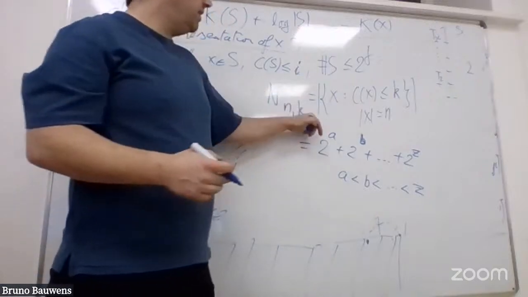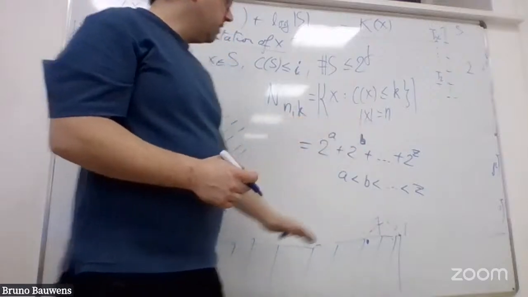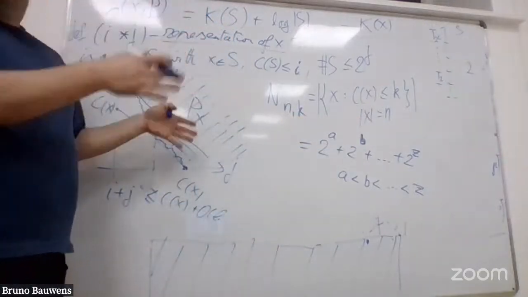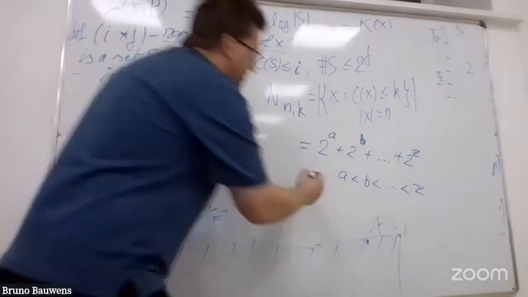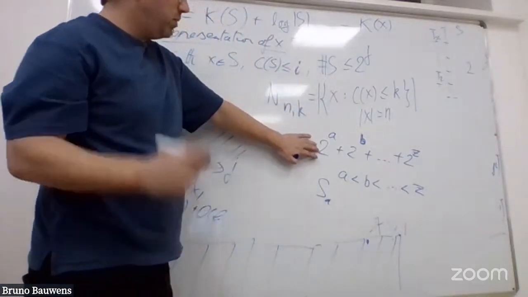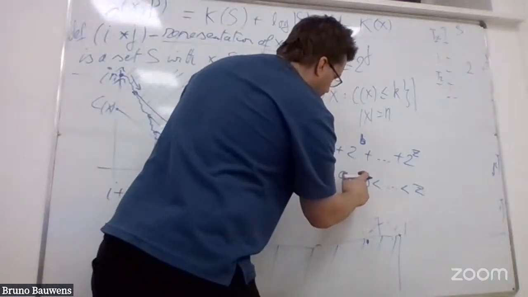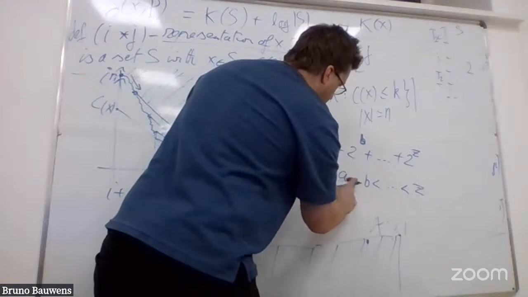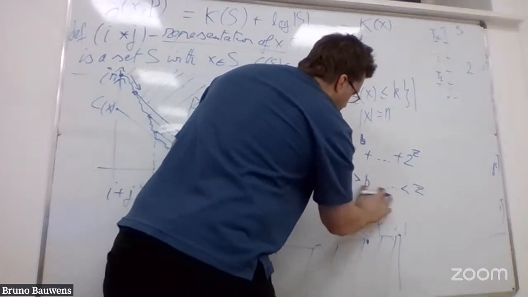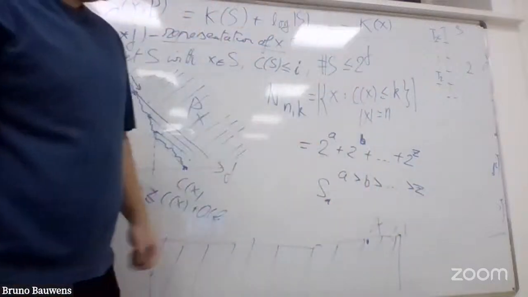If we know n and k, we can enumerate the whole set. And so now we can put them inside blocks. So Z is the smallest number.